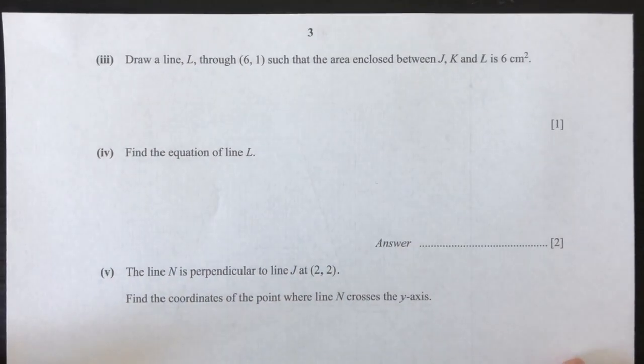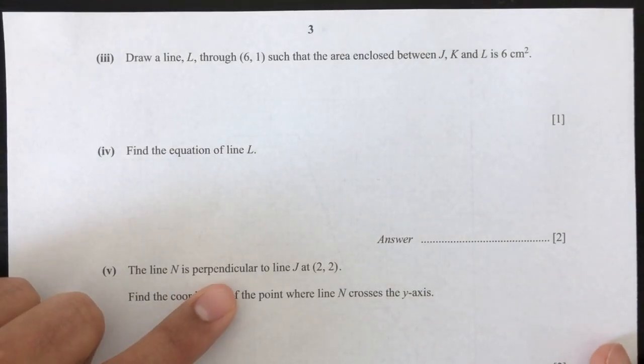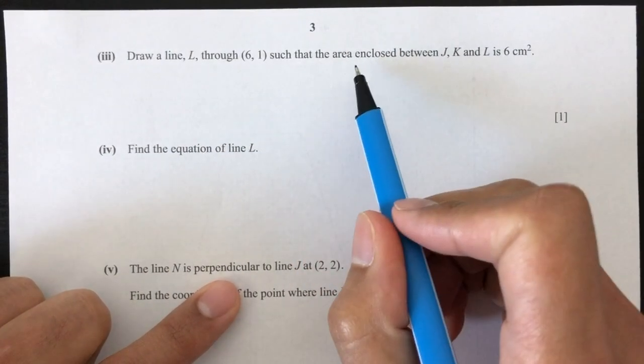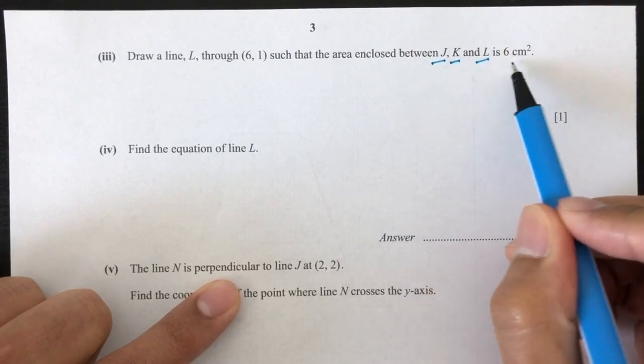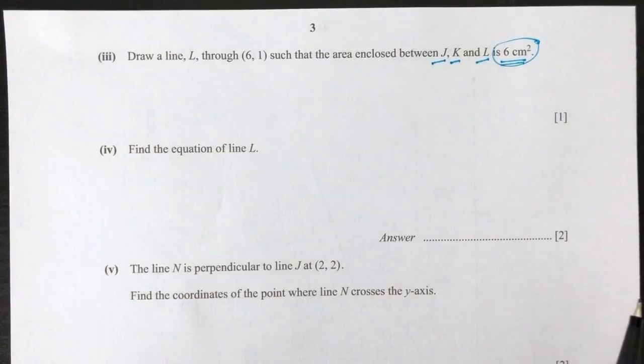Now for part 3, draw a line L through (6, 1) such that the area enclosed between J, K, and L is 6. That's the area enclosed. So let's have a look at your graph.